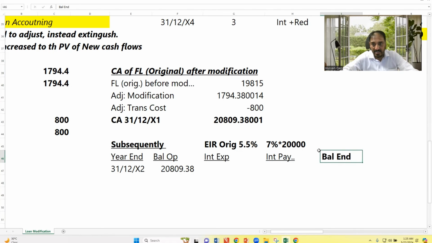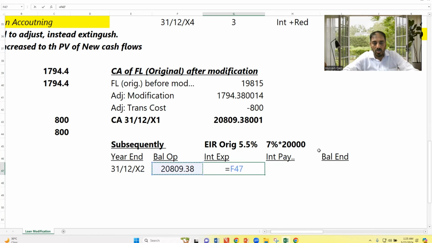And balance end. So interest expense is 20809 multiplied by 5.5%.